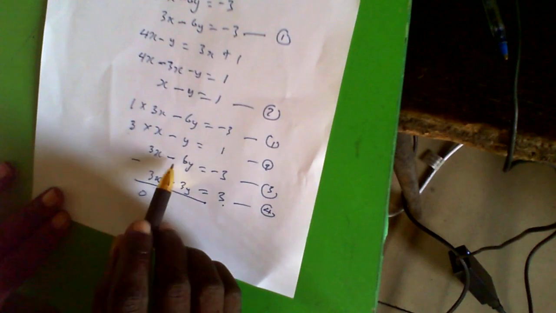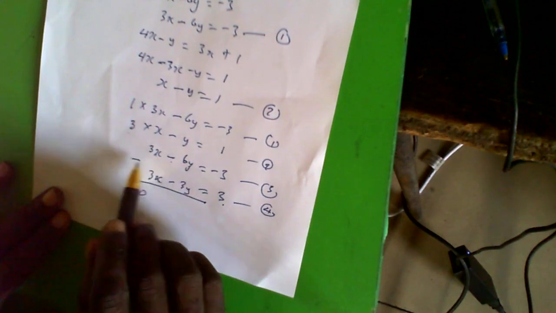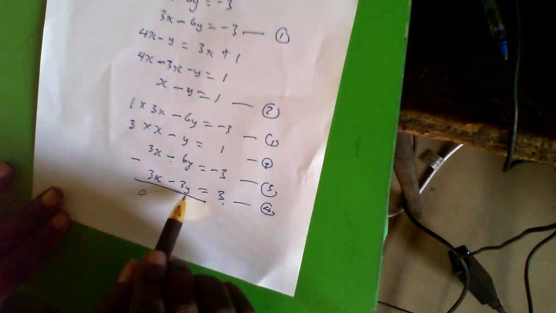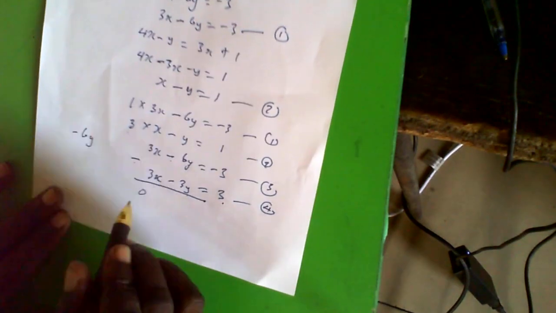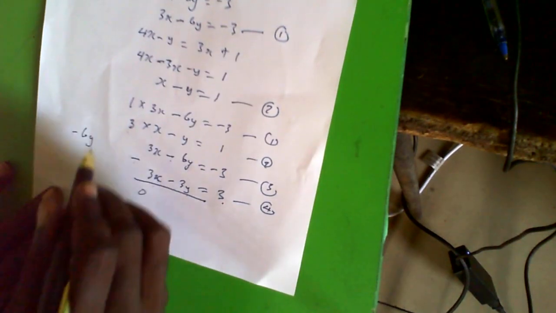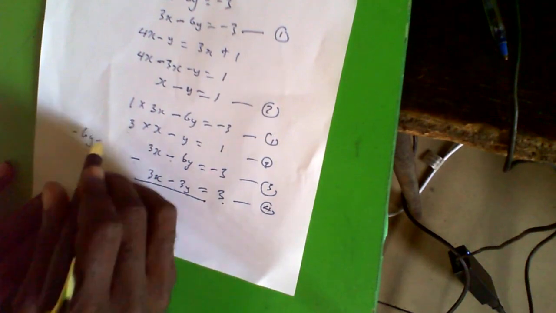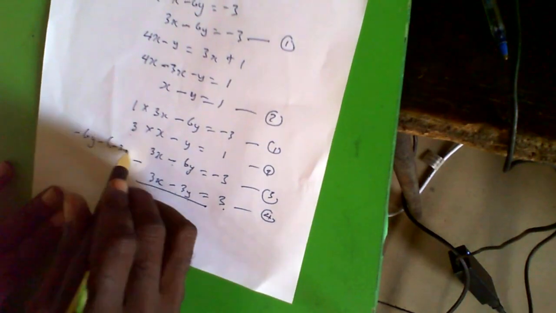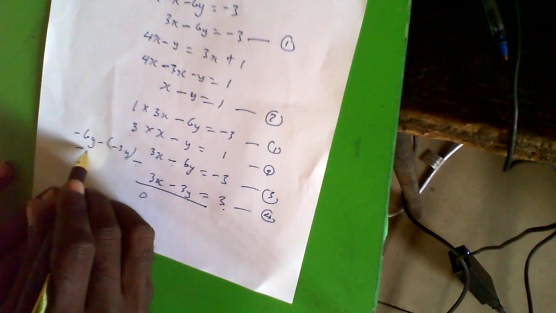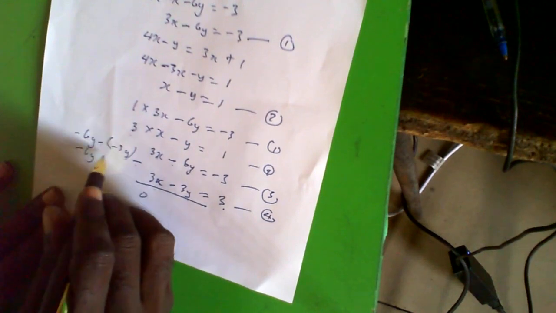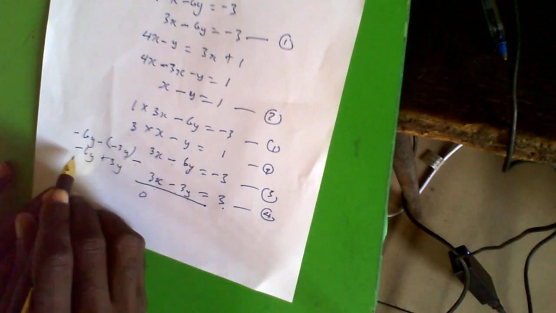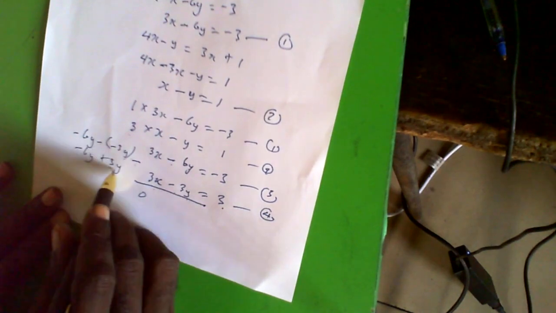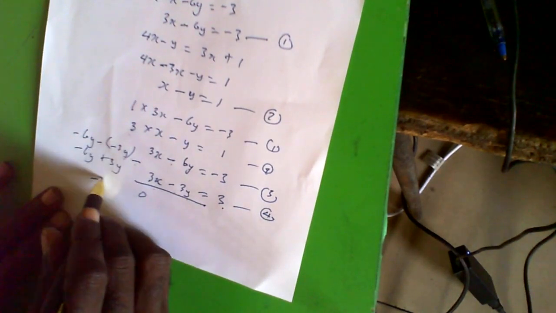Next, minus 6y minus open bracket minus 3y: minus times minus is plus, so minus 6y plus 3y gives us minus 3y.